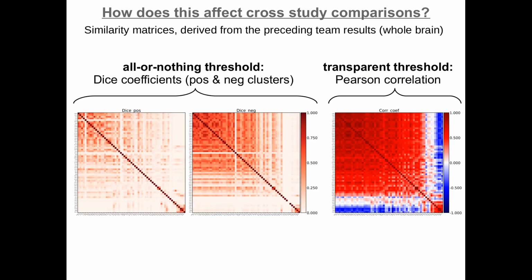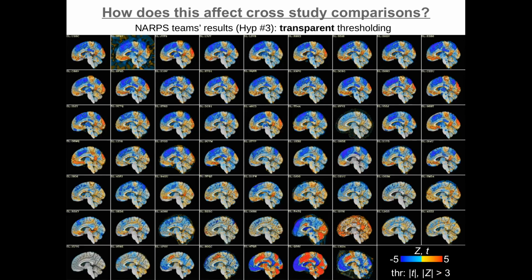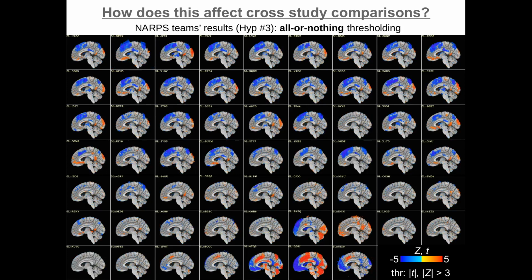So I kind of view the NARPs study results as not so much saying that there's variability due to processing methods, but that if you insert opaque thresholding before your meta-analysis, so if you compare this versus this, you are actually setting yourself up for high variability, reproducibility crisis type issues.